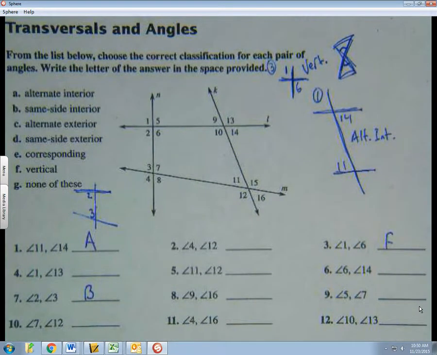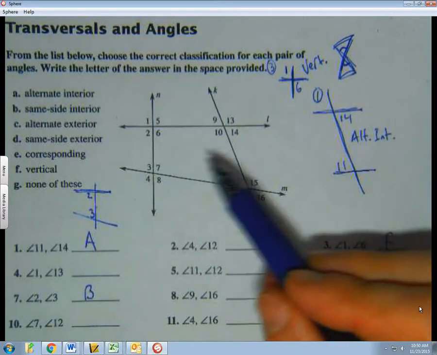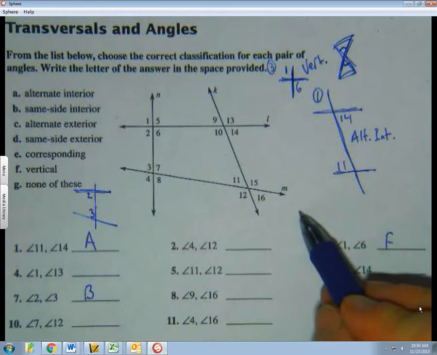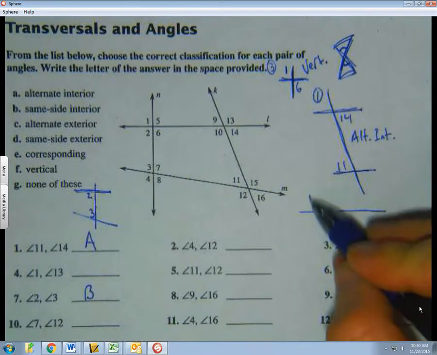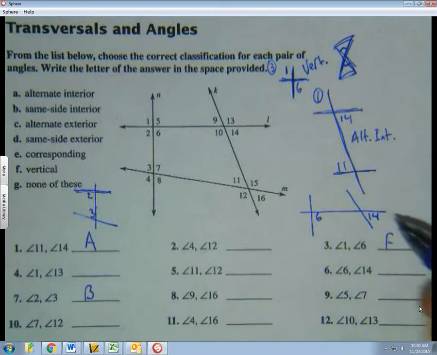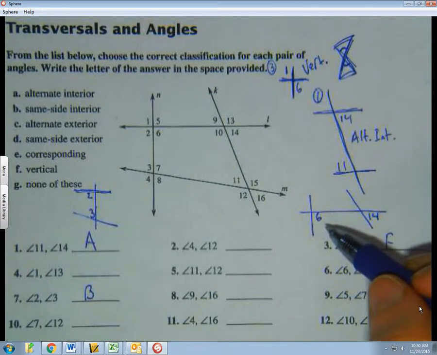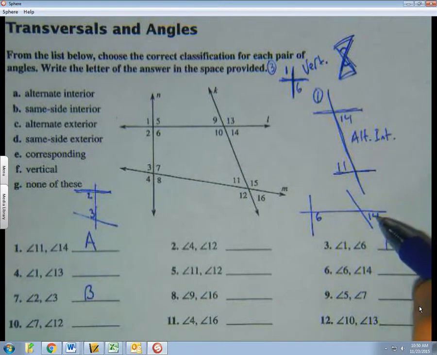Also want to do 6. So 6 and 14. 6 and 14 are up here. So we got this, 6. Got 14. So those are on the same side, except one's inside and one's outside.